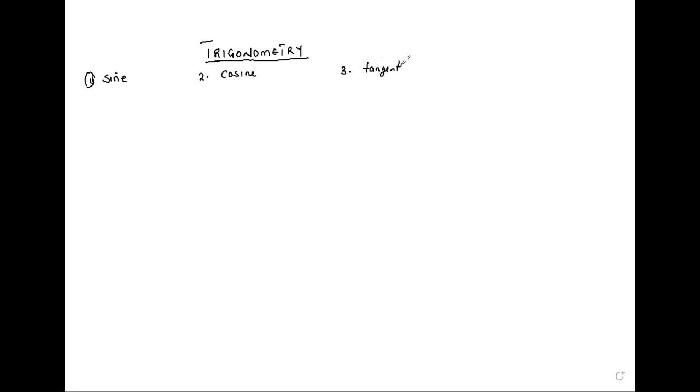With these functions, we have functions like cosec, which is 1 over sine. We have functions like sec, which is 1 over cos. We have functions like cot, which is 1 over tan.